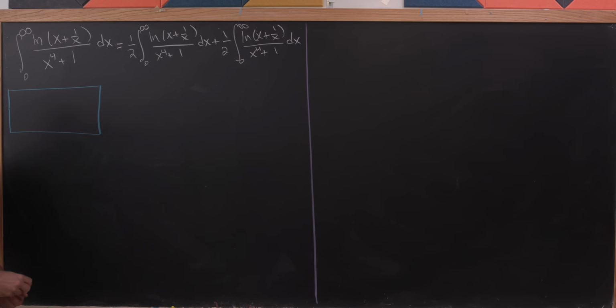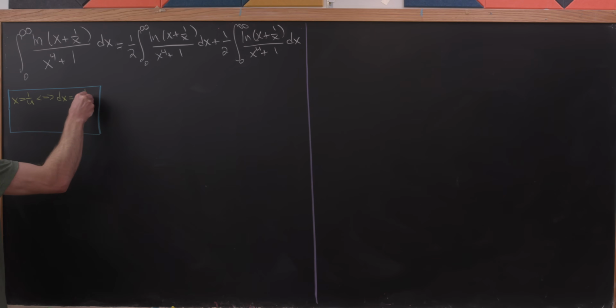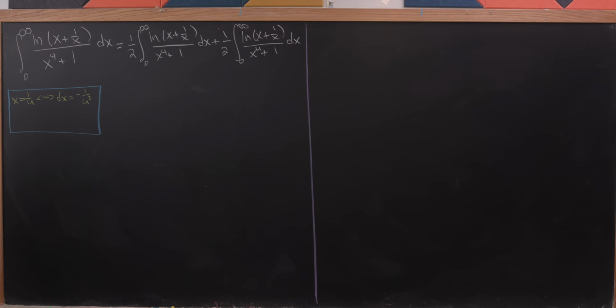So what will it be? I'm going to take x and set it equal to 1 over u. But let's observe that that means that dx is minus 1 over u squared. And then notice as x goes to 0 from above, that means that u is going to go to positive infinity.